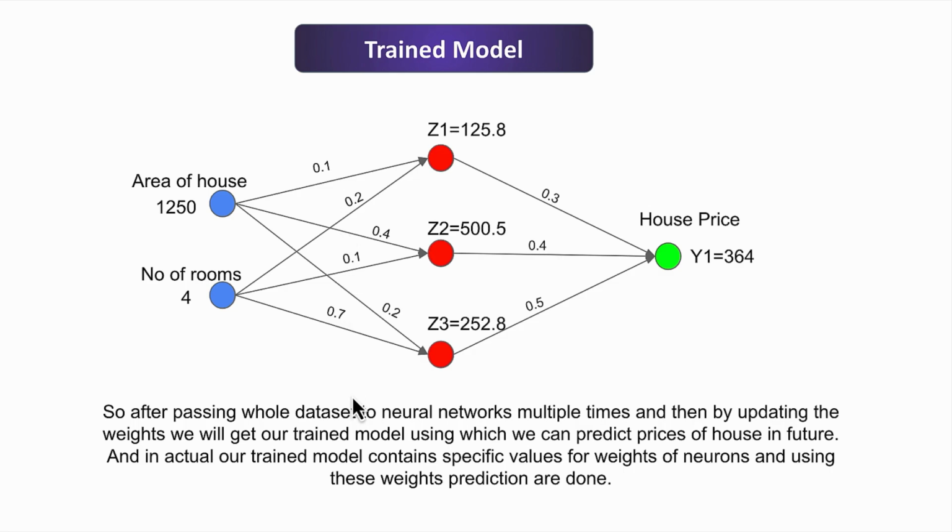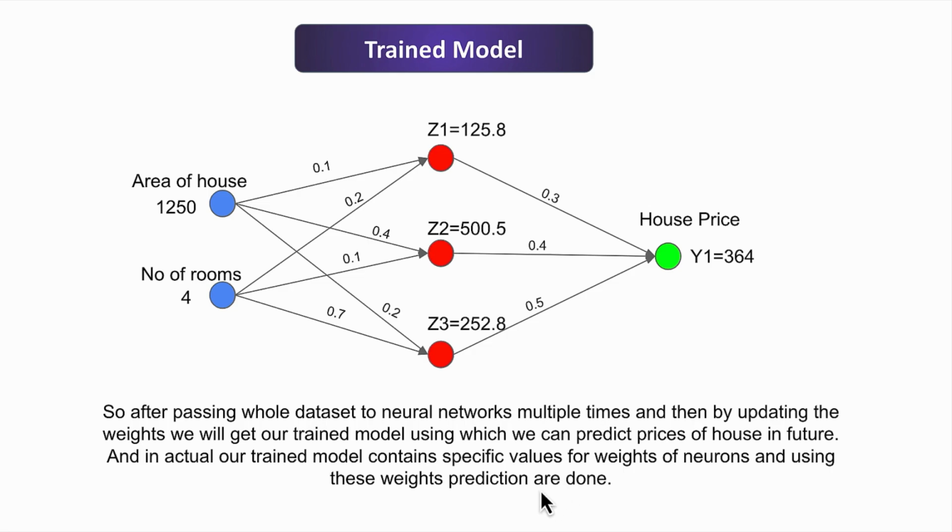So after passing the whole dataset to the neural network multiple times, and updating the weights, we will get our trained model. And using this model, we can predict the price of a house in future. In actual, our trained model contains specific values for the weights of neurons, and using these weights, predictions are done.